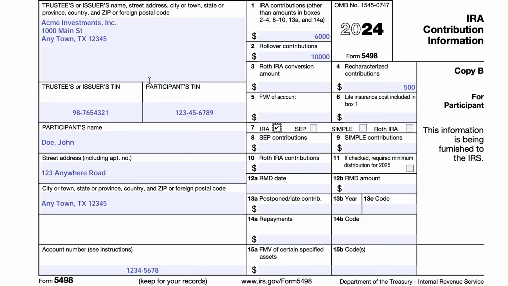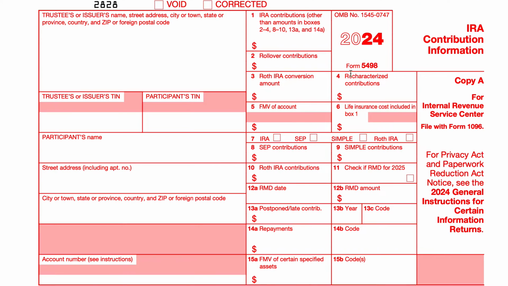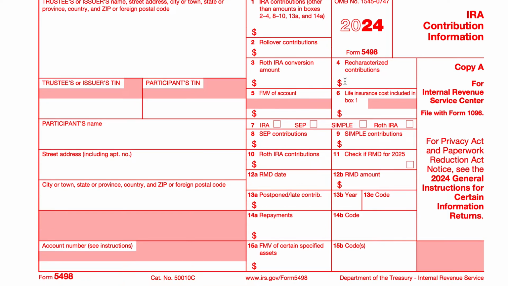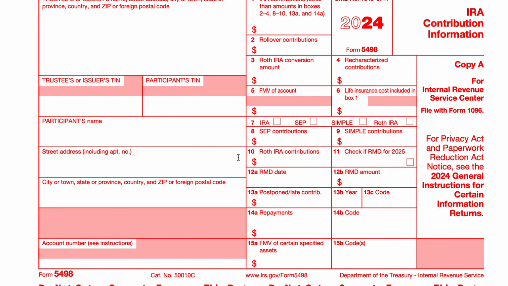As most people know from other videos on this channel, copy B is the copy we're working on. Copy A generally is for the IRS. So this is the copy that would go to the IRS. Other than the bright red part that lets you know that this is the IRS version, there's not a whole lot of significant difference.